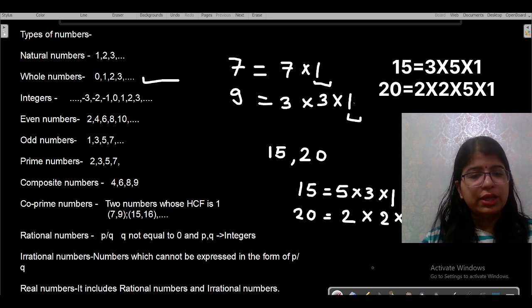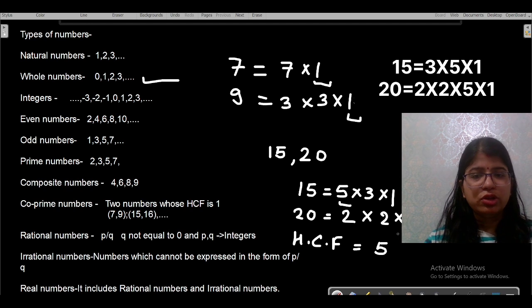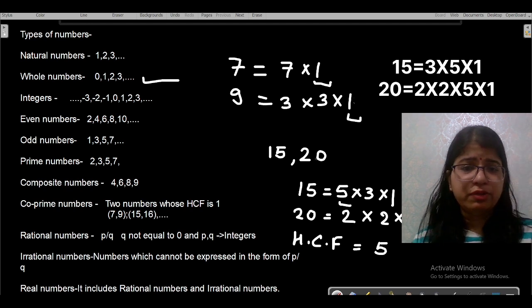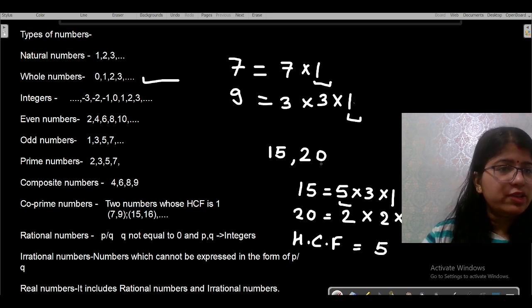This way you can write. So you can see what the HCF of these numbers will be. HCF here will be 5, because the highest common factor here is 5. So we will say that 15 and 20 are not co-prime numbers. Why not? Because the HCF is not 1.